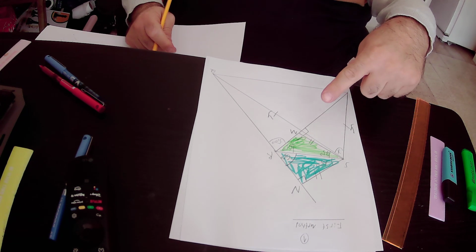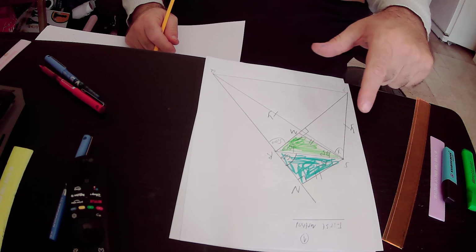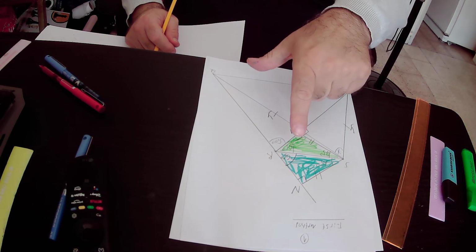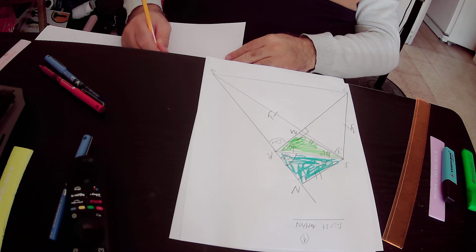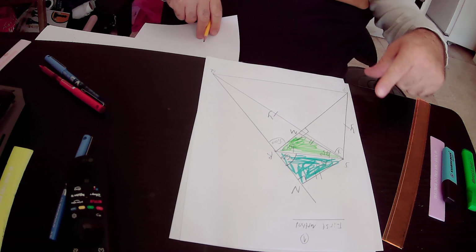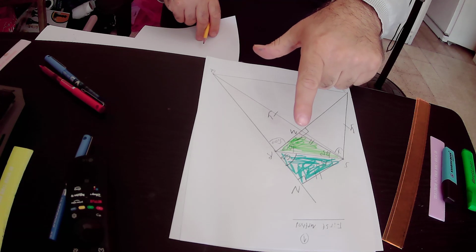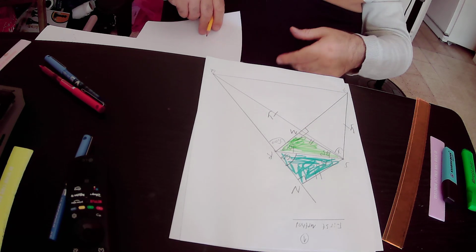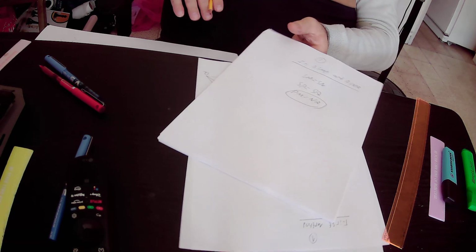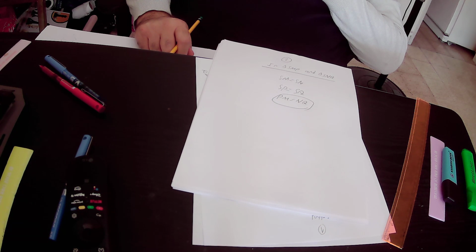So side PM of triangle PSM equals side NQ of triangle SNQ. So I will prove that side PM equals side NQ.